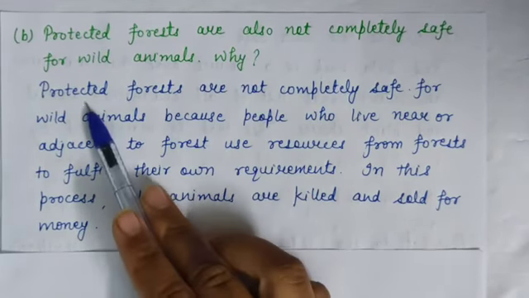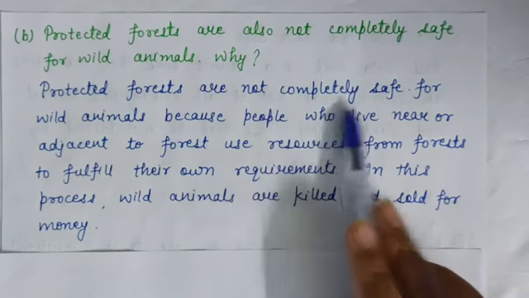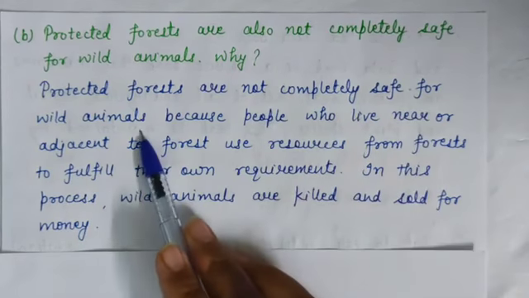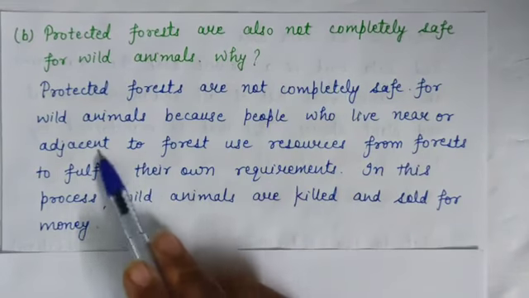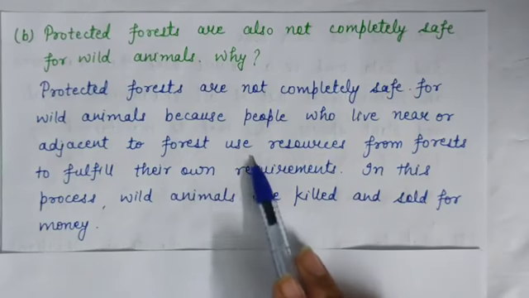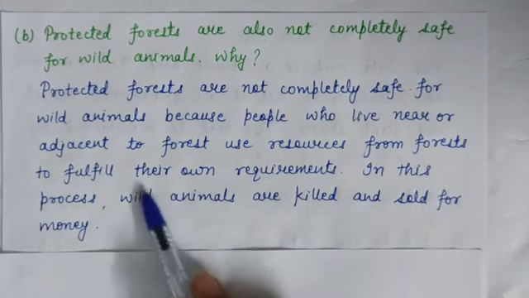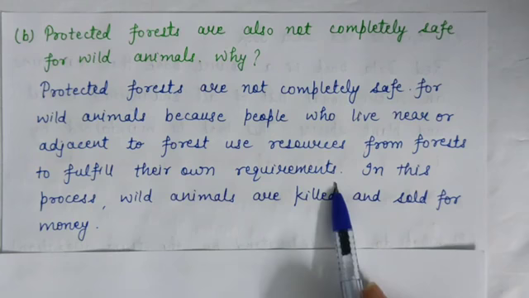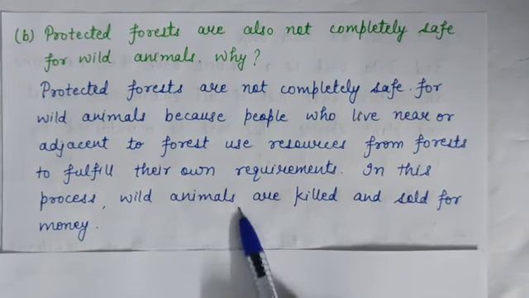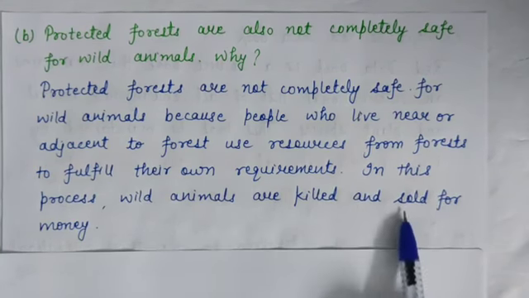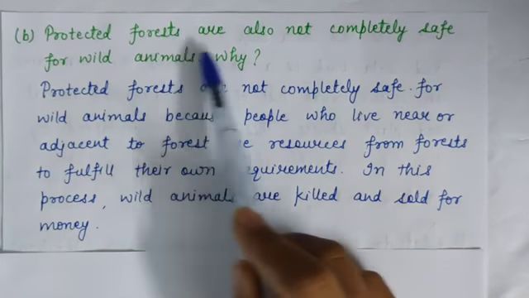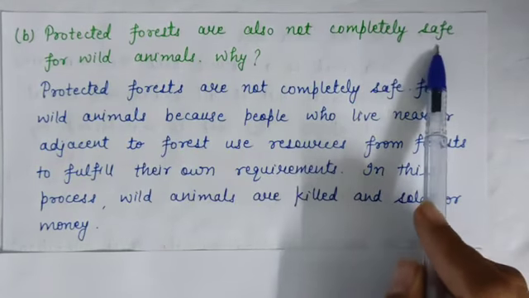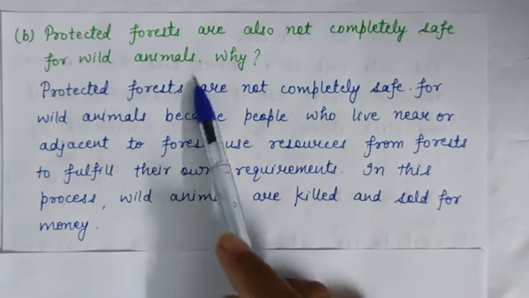So answer is, protected forests are not completely safe for wild animals because people who live near or adjacent to forest use resources from forest to fulfill their own requirements, and in this process wild animals are killed and they are sold for money. Okay, so that's why we are saying protected forests are also not completely safe for wild animals.